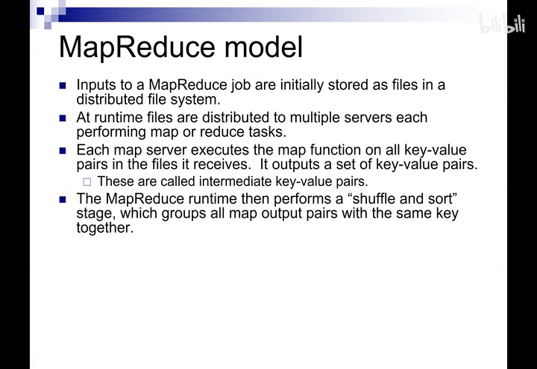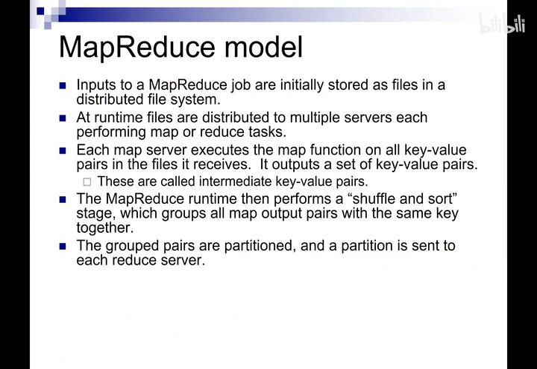Okay, and then we're going to provide those grouped pairs. Well, first of all, we're going to take these grouped pairs and partition them. Okay, and then we're going to take each of these partitions and send it to a reduce server. So if we have 100 reduce servers, we would generate 100 partitions.